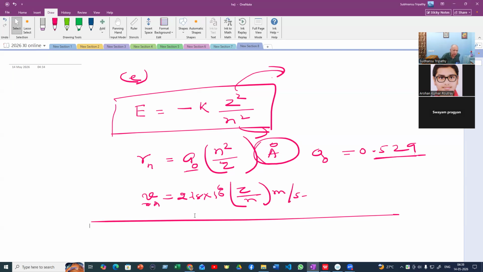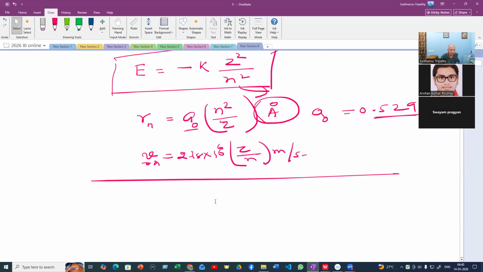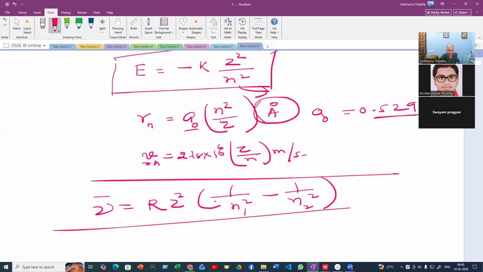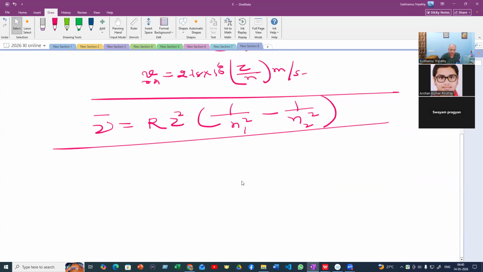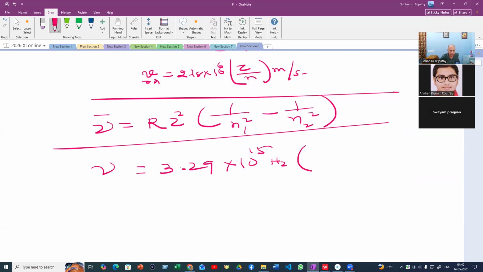From here, we developed a comprehensive equation called the Rydberg equation, where you can put n1 and n2 values and find the spectral lines. What is that? Sir, nu bar is equal to R Z square whole into 1 by n1 square minus 1 by n2 square. Fantastic. And if you are asked directly for the frequency, then the constant value is 10 to the 15 hertz or second inverse.